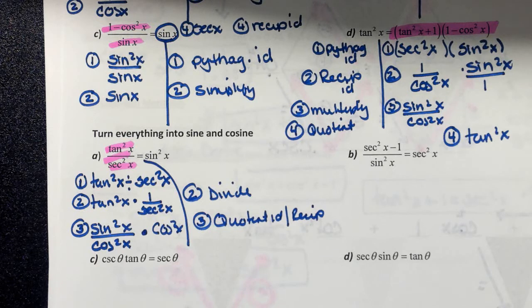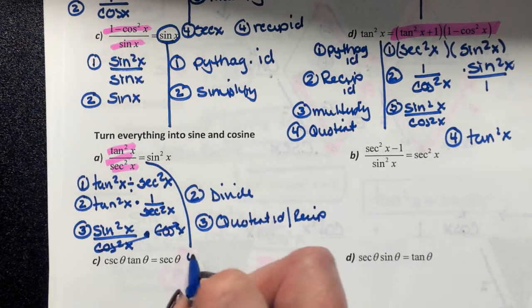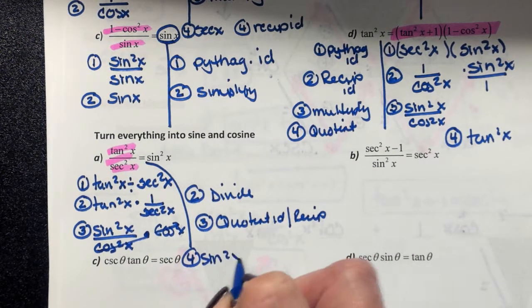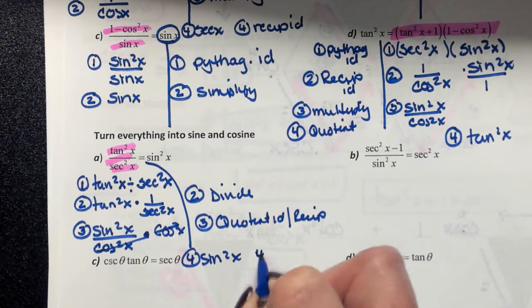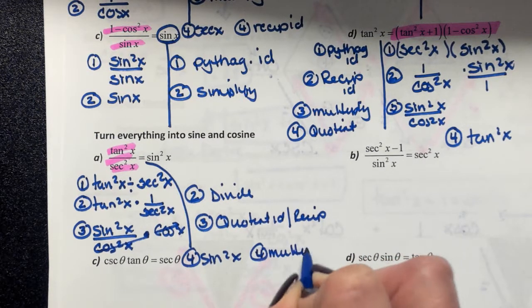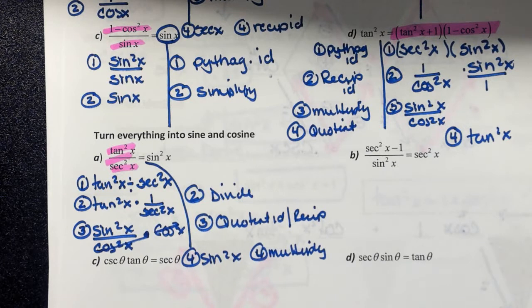And what am I left with? Sine squared. Simplifying, or you can say multiply. The step before was the quotient identity and the reciprocal identity. You guys go ahead and try B for me.